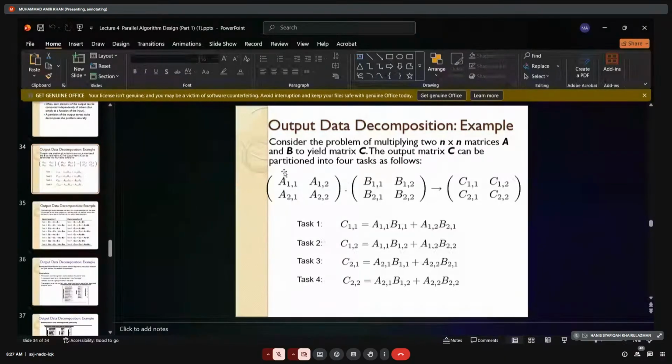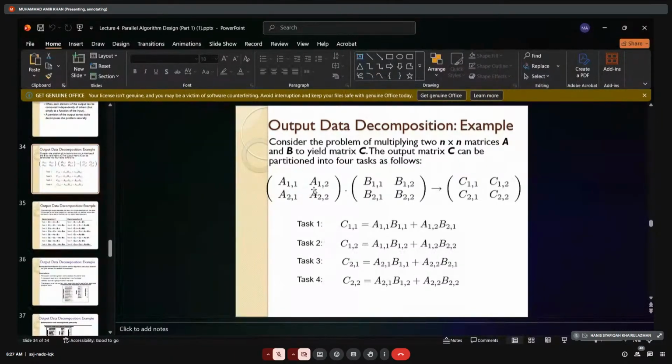Then for the next task, we choose the same thing: the first row with the second column.